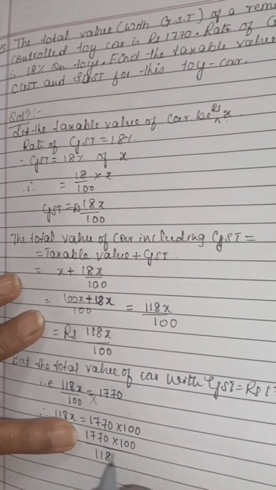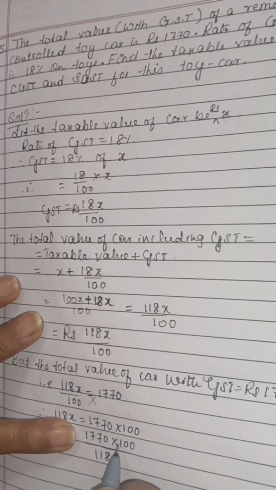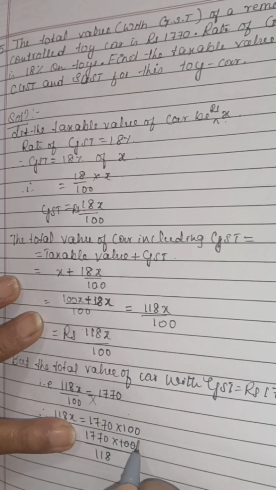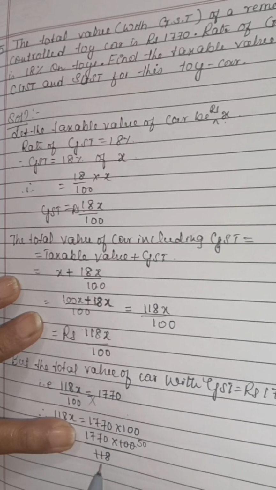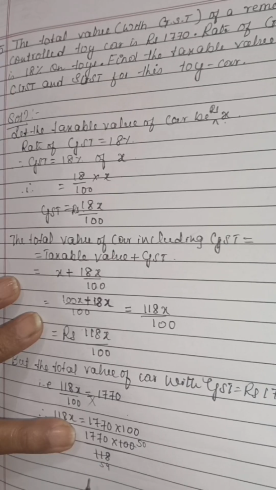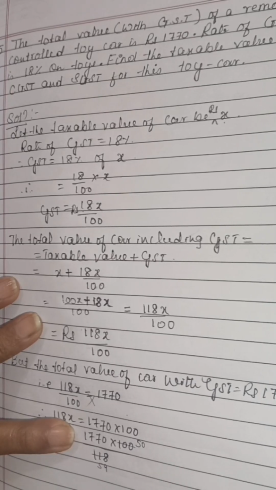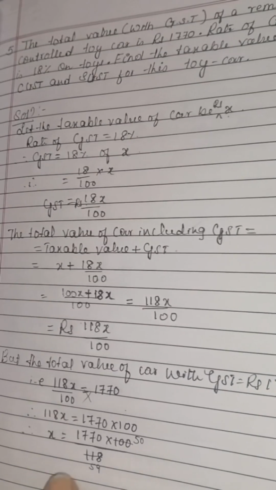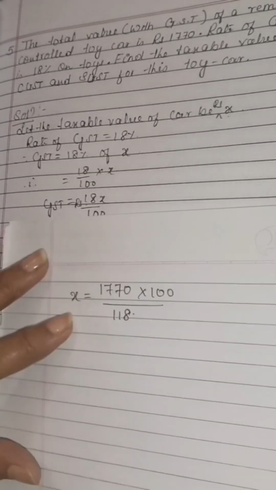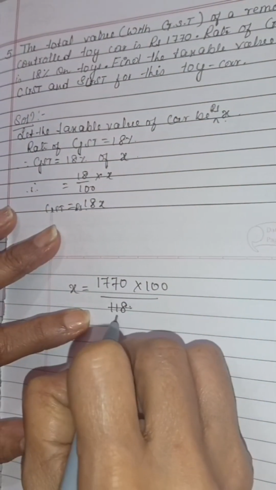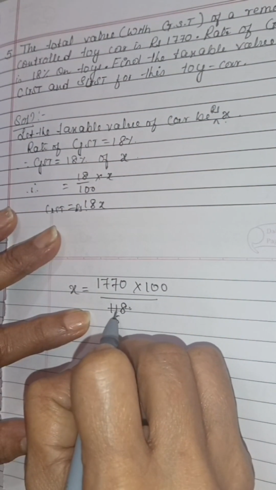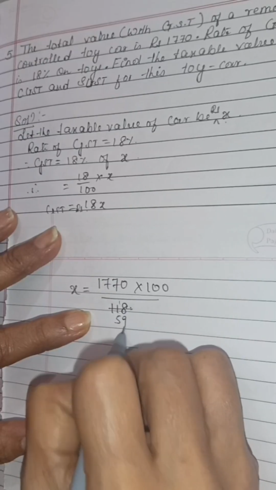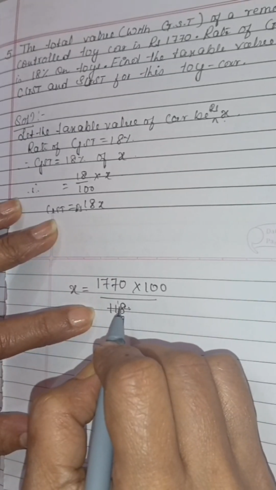So here, 250 times 2 5s are 10, 2 9s are. Then I'll do the simplification here. 2 5s are 10, 2 5s are 10, 1 remain 19, 2 5s are 19.